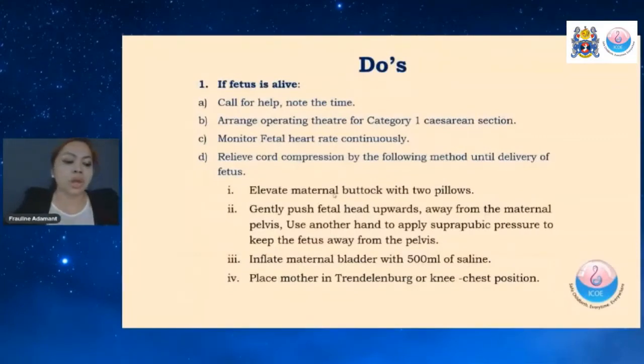So, what are we going to do when there is a cord prolapse? If the fetus is alive, immediately call for help or press the emergency button. Arrange for a category 1 C-section.